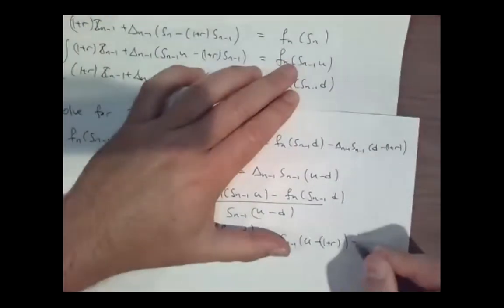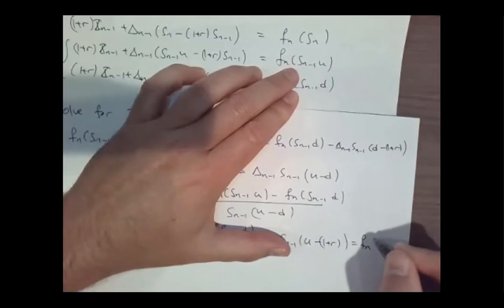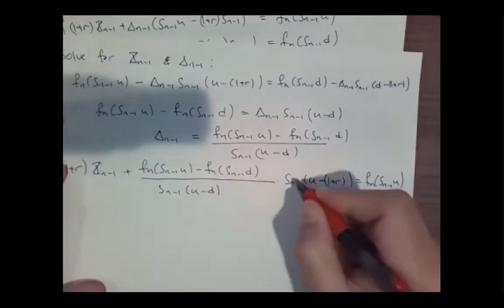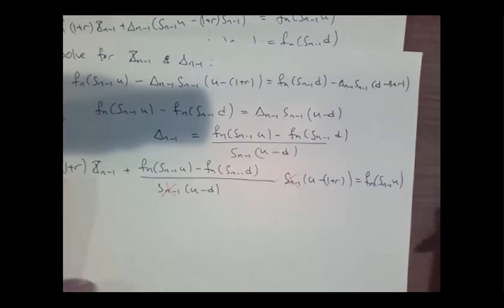This should be fn Sn minus 1 u. So it's a little bit of a mess, but it's not that bad. We see some of the terms cancel out. There's this common factor there and this common factor there cancels out.